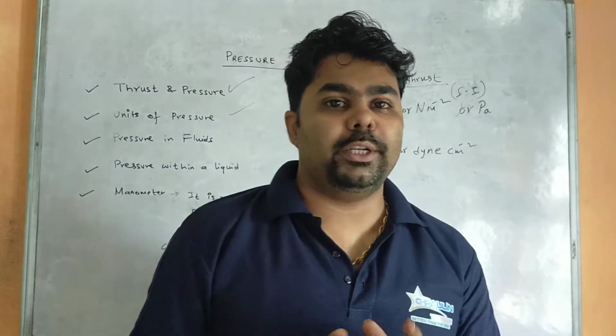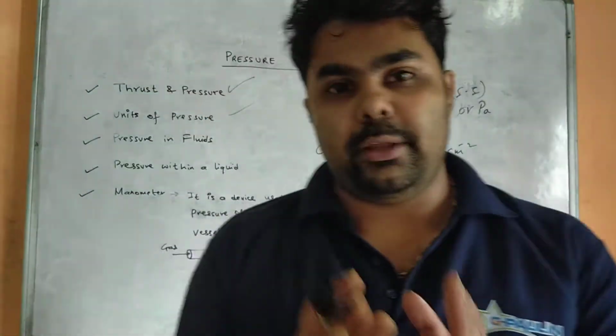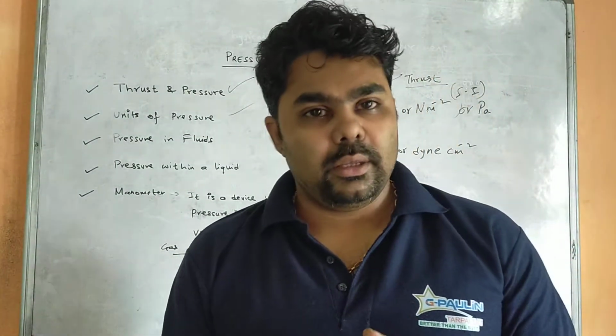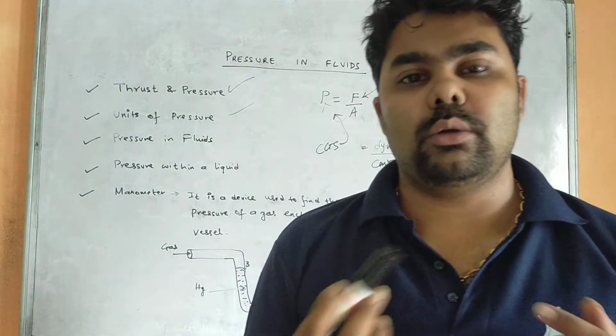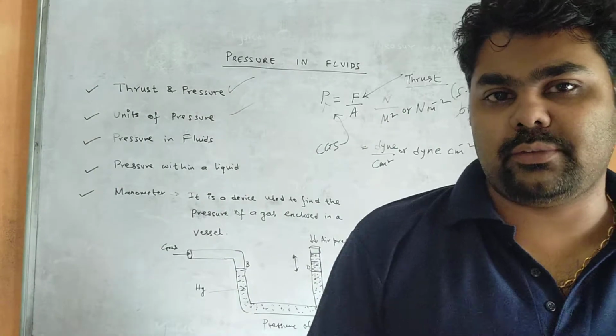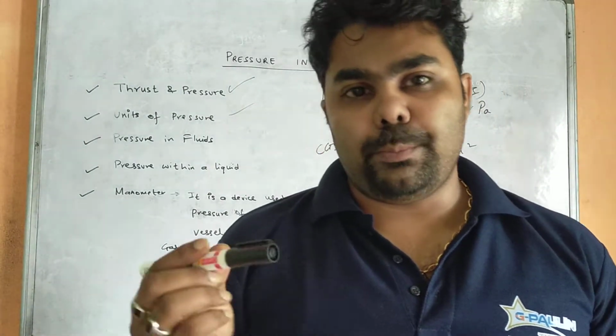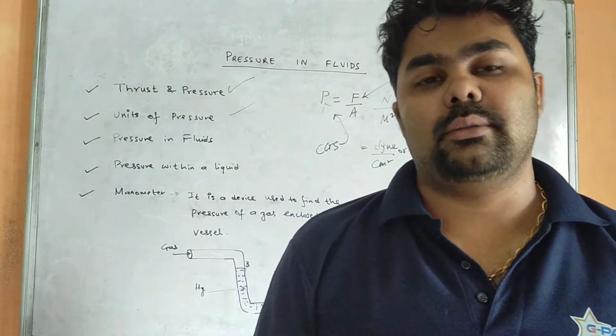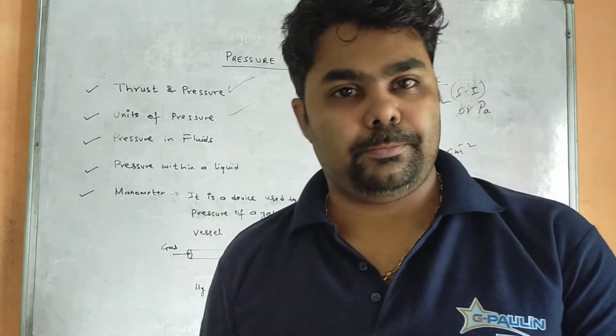That pressure we call lateral pressure. That means the pressure exerted by the fluid on the outer walls of the container is called lateral pressure. Due to lateral pressure only, if you pierce a hole in that container, the substance will come out.